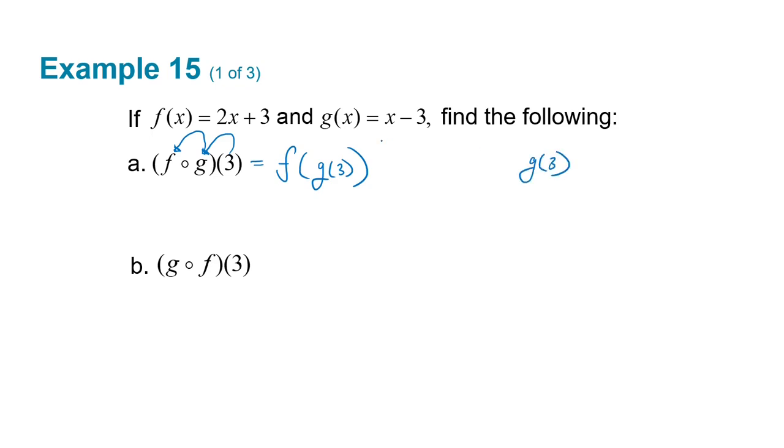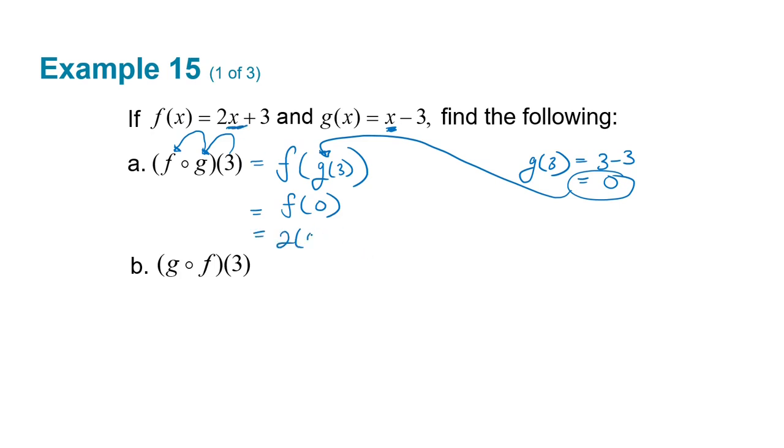G of 3 means plug in a 3 into the x. That's 3 minus 3, which is equal to 0. So I plug in a 0 for g of 3. This is equivalent to f of 0. F of 0 means plug in a 0 for the function f. So we have 2 times 0 plus 3, and this simplifies to 3. So our first solution for part A is 3.